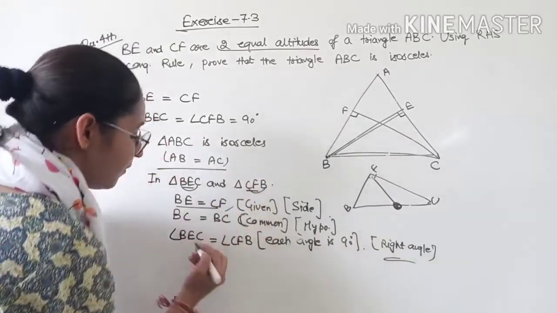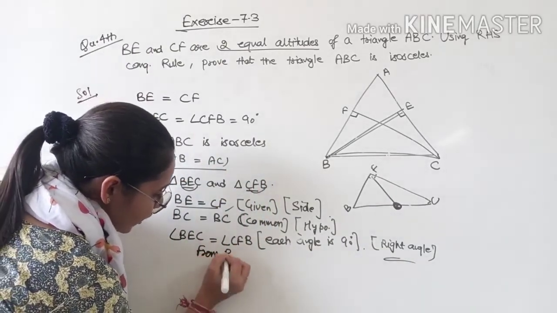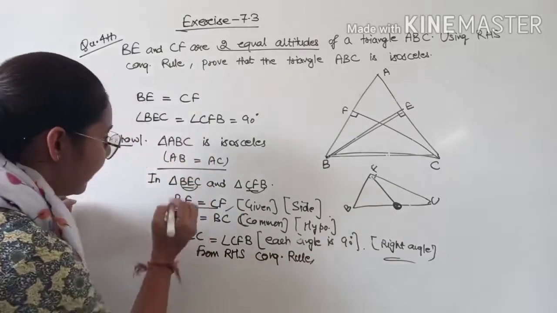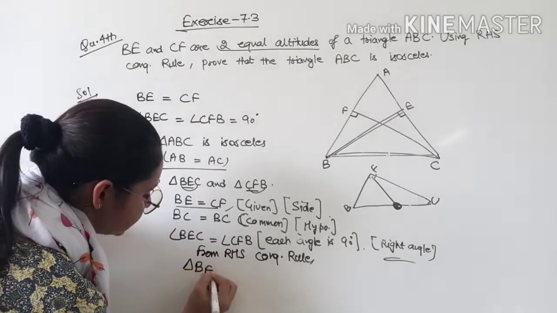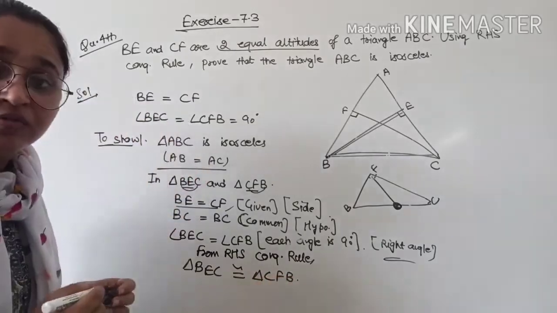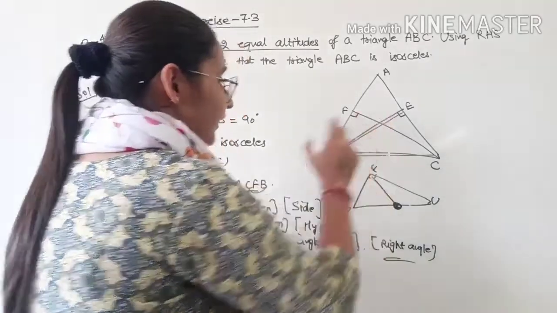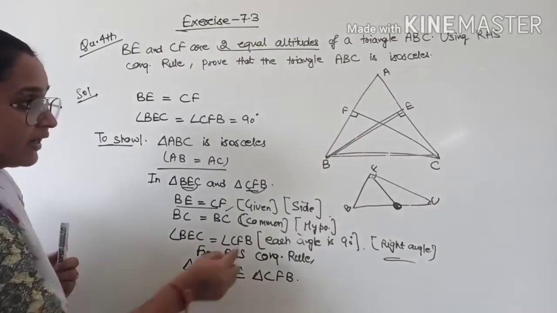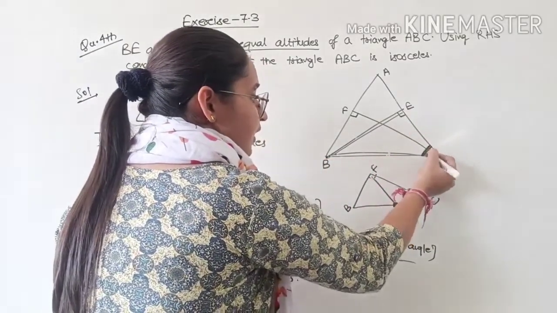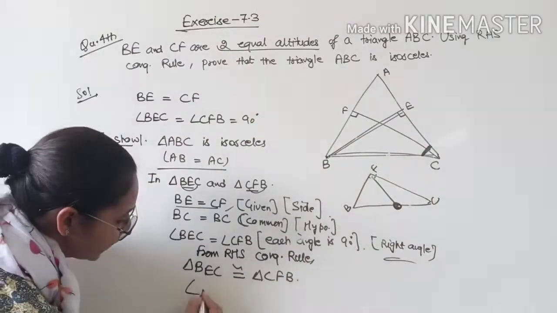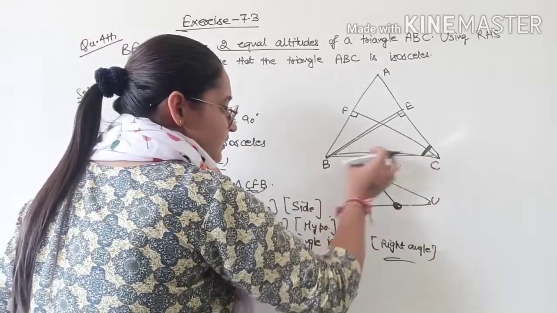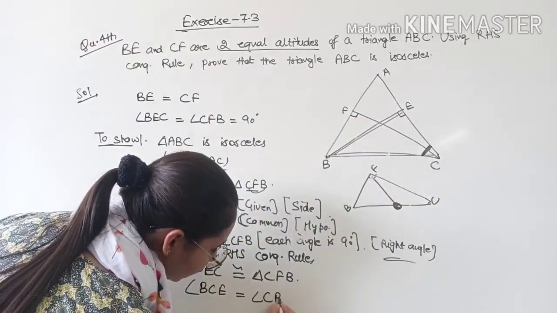So from RHS congruency rule, triangle BEC is congruent to triangle CFB. Now, if these two triangles are congruent, then their corresponding parts will be equal. So in triangle BEC, I can write angle BCE is equal to, in triangle CFB, angle CBF.